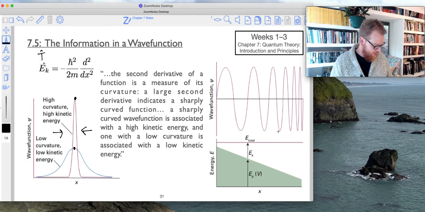Another way we can think of this second derivative analysis: if we look at a wave function, perhaps it looks something like this. We can see as this oscillates, it gets to a higher and higher frequency. If we think about the kinetic energy, we have high kinetic energy on this side and low kinetic energy on this side, which would look something like this.